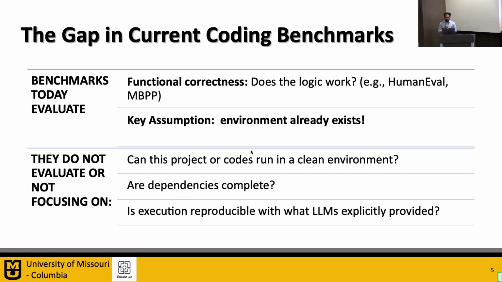They do not focus on whether the project can run in a clean environment or the environment the user might have, whether the dependencies are complete, and whether execution is reproducible using only what the LLM explicitly provided. Whether it works is meaningless if it can't run.